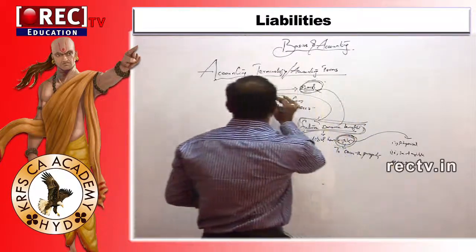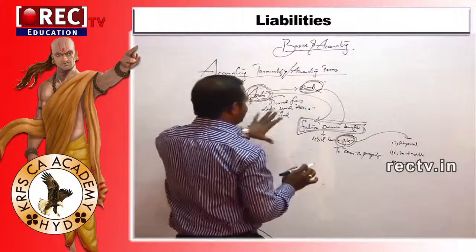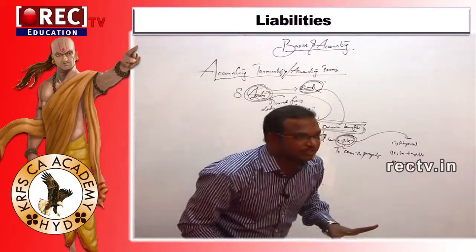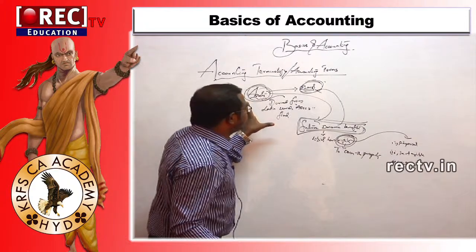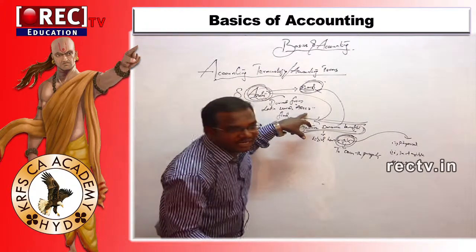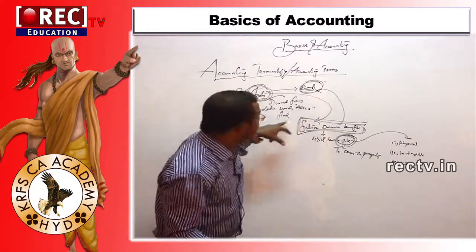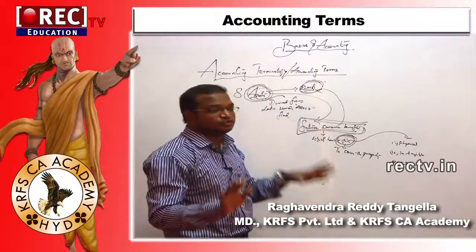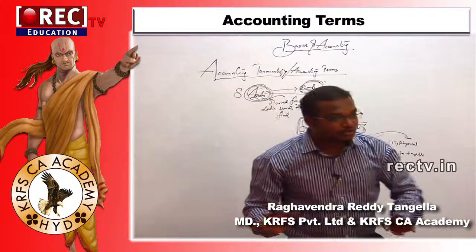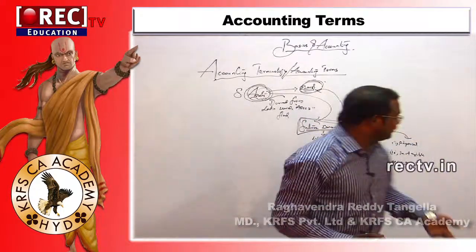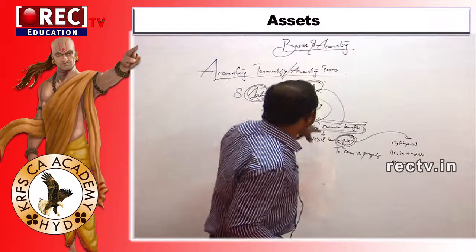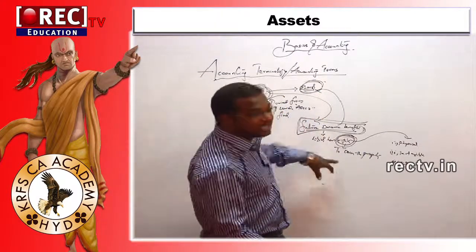That means you can see these concepts in the word assets. First you need to know that assets, derived from the Latin, Greek, French word, means enough. That means enough economic resources available for a business, which is going to create future economic benefits, which have rights.